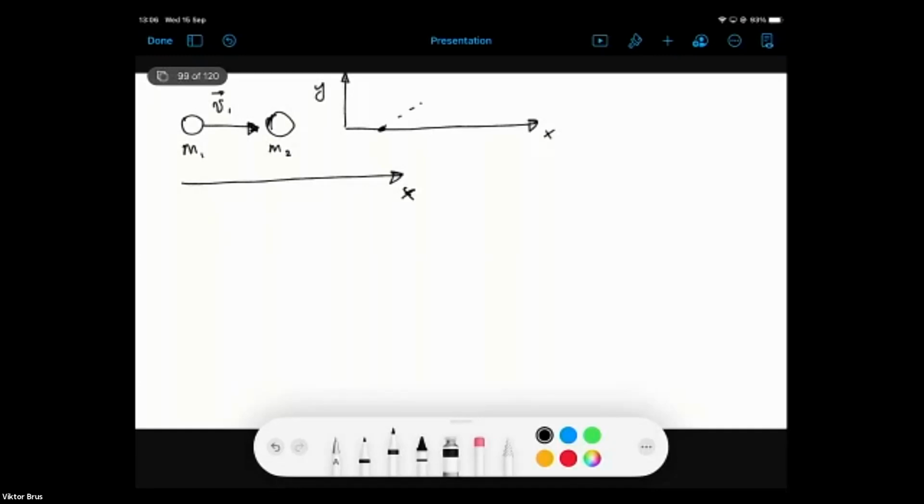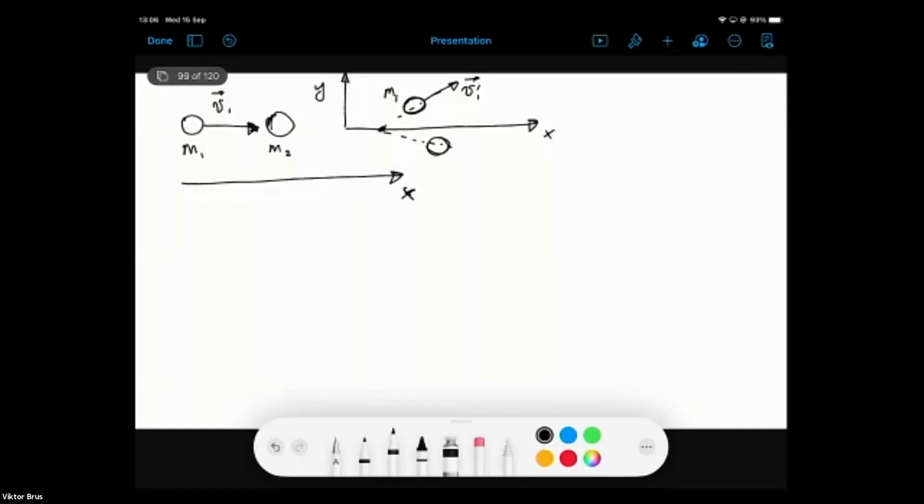So let's say it's one trajectory, this is another trajectory. Here is our mass m1, and it moves with some velocity vector v1 prime. And this prime stands for velocity after collision. So we agree on such a definition.